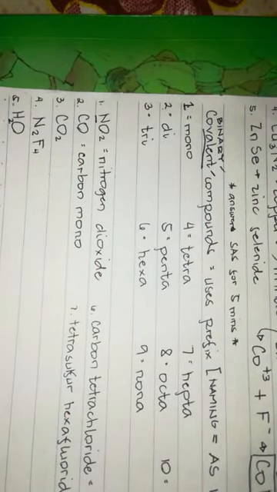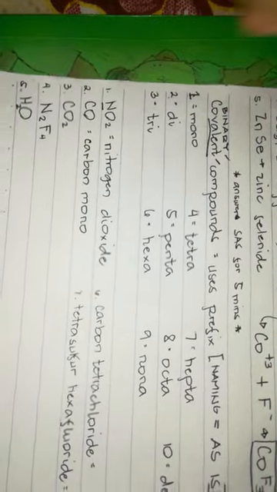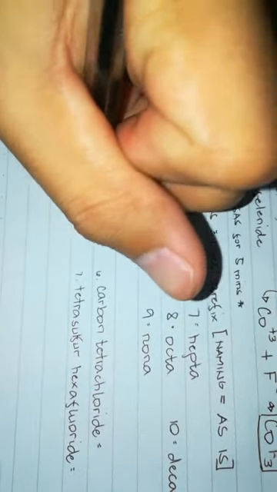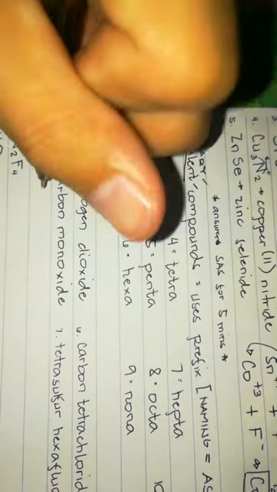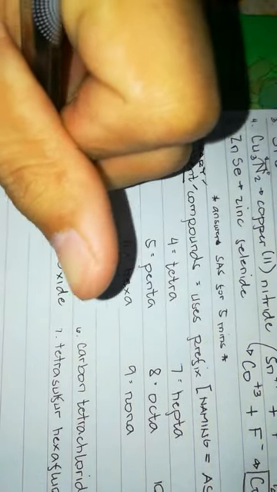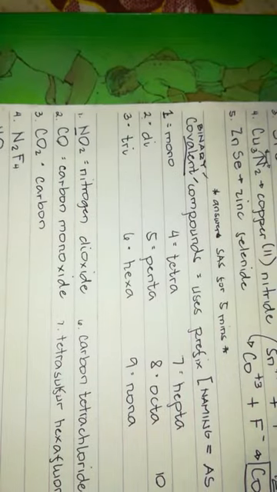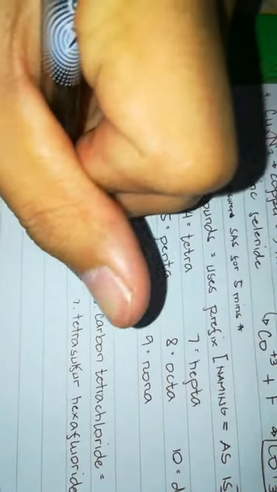Yun nga lang kasi magkatabi ay dalawang vowel, so we have to omit one. So it will become monoxide. Okay, number 3. Isa pa din ang carbon, kaya carbon. And then dalawang oxygen, so lagyan ng dioxide.